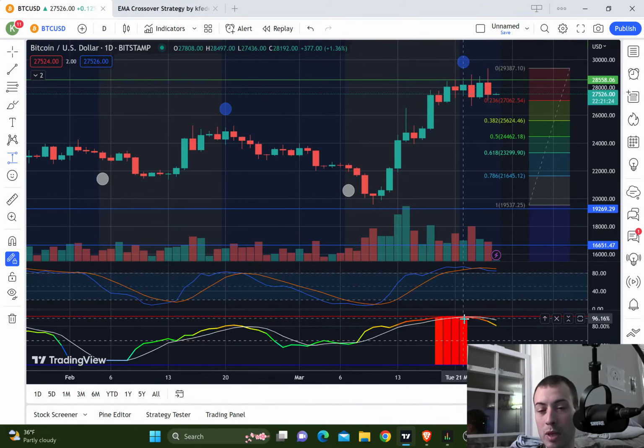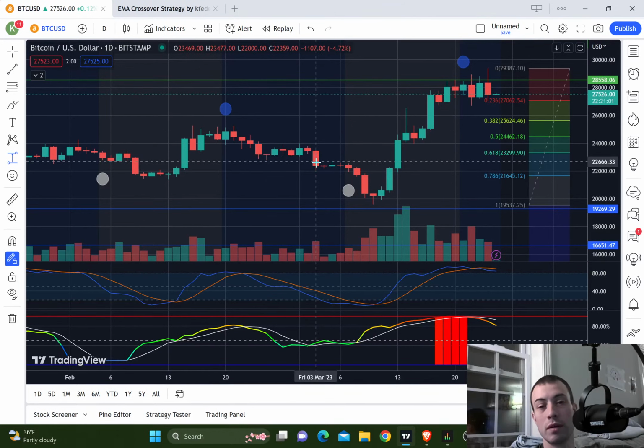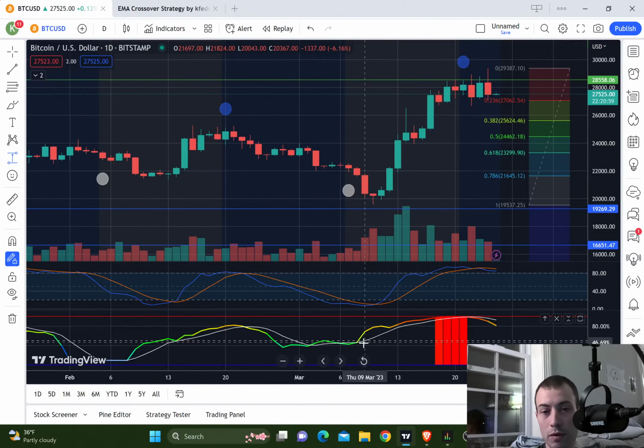The BBWP, which is this bottom indicator down here, measures volatility. So when it's way down here, the price is basically going sideways and nowhere. And when it goes from this blue and opens up, that's going to give you a large price movement and an expansion, and a large volatile move, just like from here.